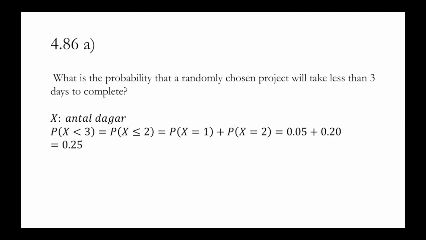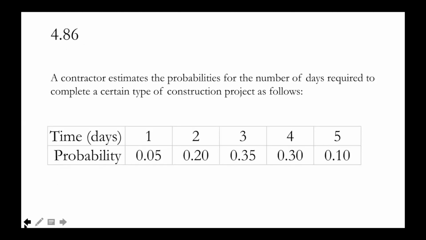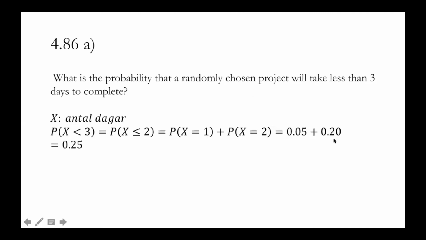In the exercise it was stated that the probability that the project will be completed after 1 day is 5%, and after 2 days it's 20%. So you sum them up and you receive that the probability that the project will take less than 3 days to complete is 25%.